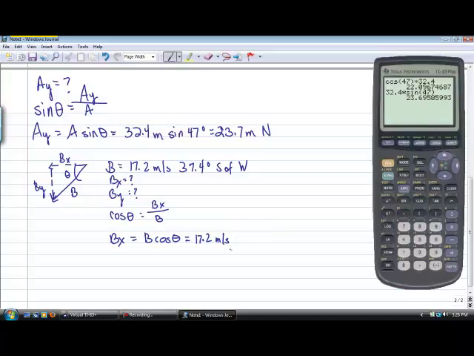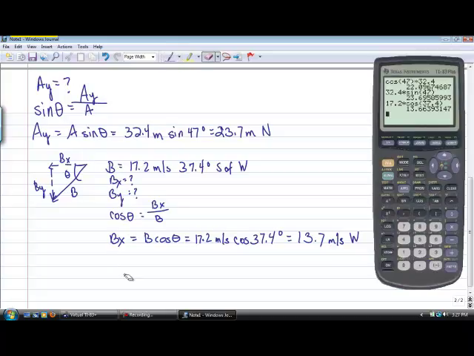Okay, plug this into the calculator. 17.2 times the cosine of 37.4, and that gives us 13.7 meters per second. Now which direction is it going? It's going to the west. 13.7 meters per second to the west.